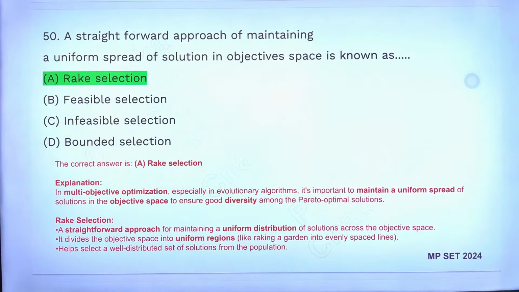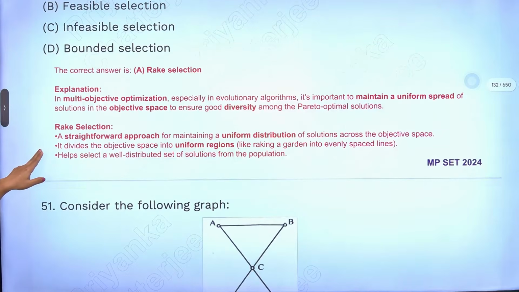In multi-objective optimization, especially evolutionary algorithms, it is important to maintain a uniform spread of solutions in objective space to ensure good diversity among the optimal solutions. So rake selection is a straightforward approach for maintaining uniform distribution of solutions across the objective space, and it divides the objective space into uniform regions.